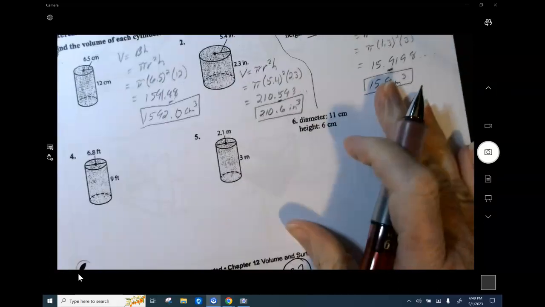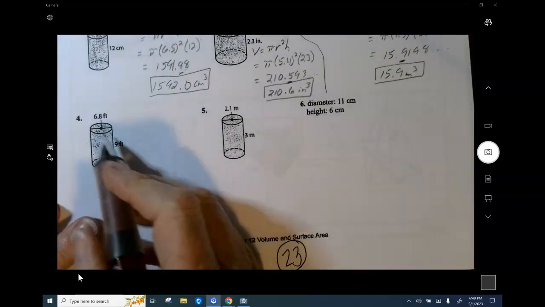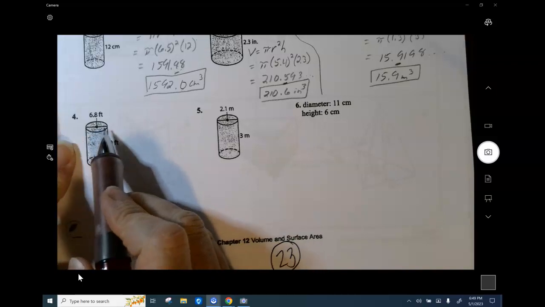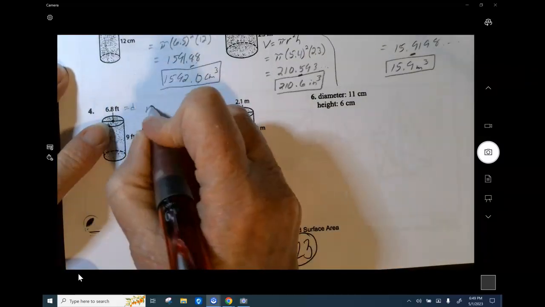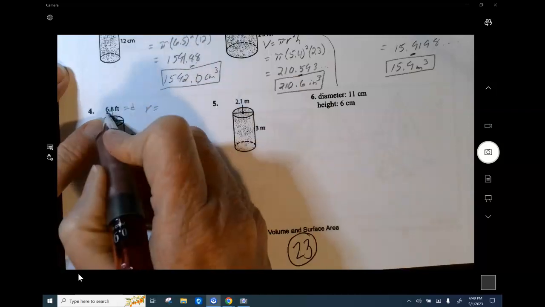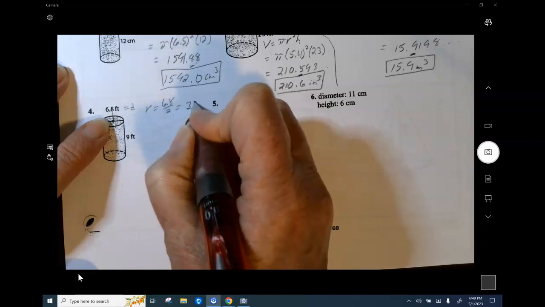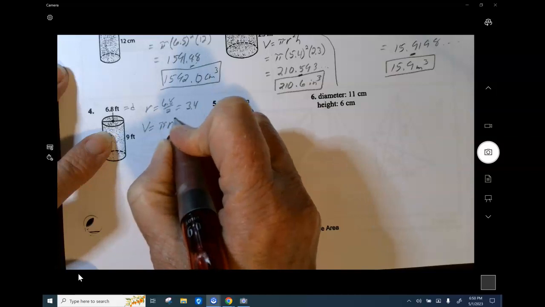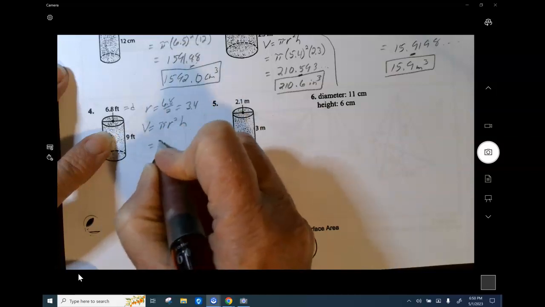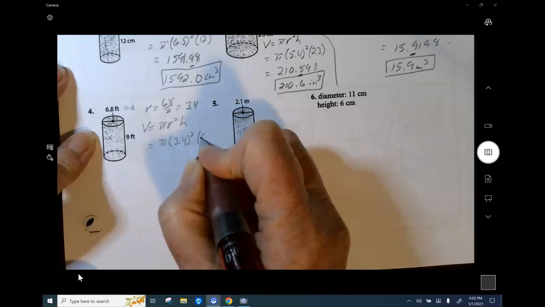Okay, and seriously, I would have stopped on one of those. So here we go now. Ooh, they're trying to be tricky. They gave us a diameter, but we're better than that. That's the diameter, so the radius has to be half of that. So take 6.8, divide it by 2, we get 3.4. So volume is equal to the area of the base, which is a circle. So we're going to have pi times radius squared times the height.